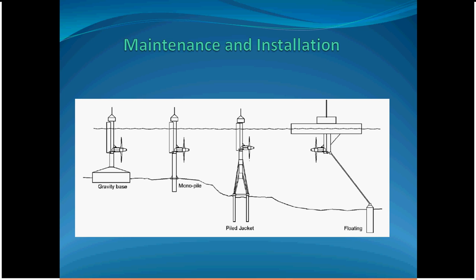Another major advantage of these towers is that the blade rotors can actually be raised above the surface of the water. This allows you to maintain or repair them a lot more easily and makes a lot of savings. Typically though, monopile and pile jackets have much higher installation costs, but overall they save you money in the long run for repair costs.